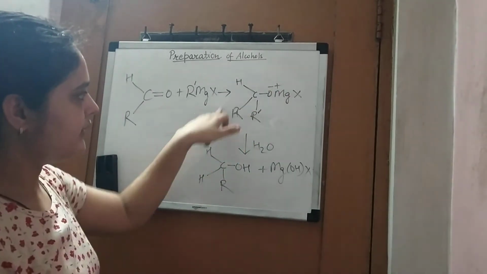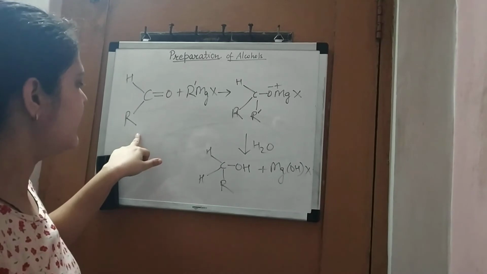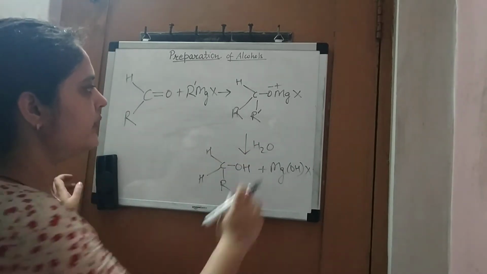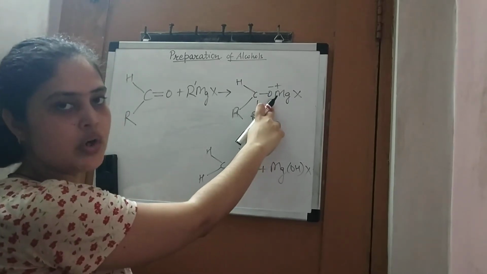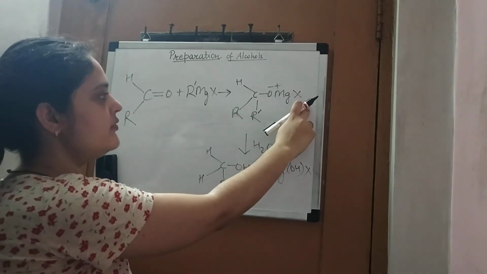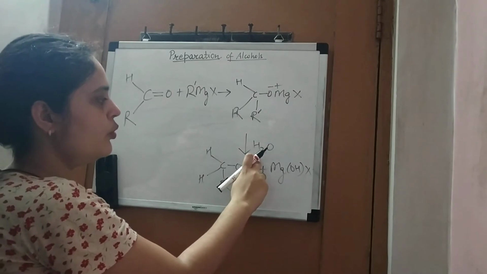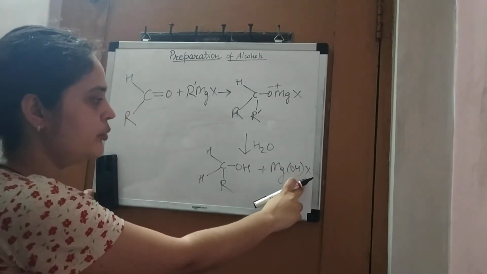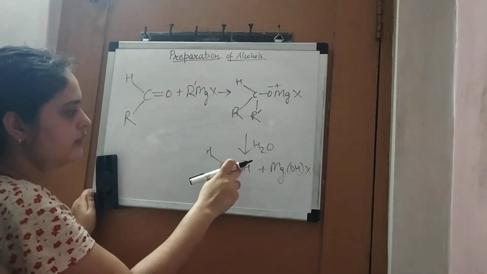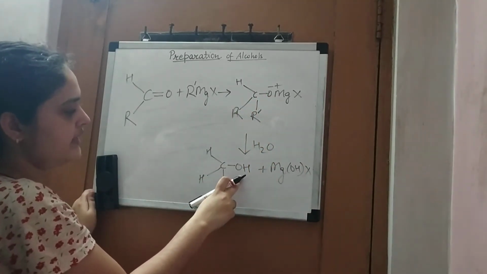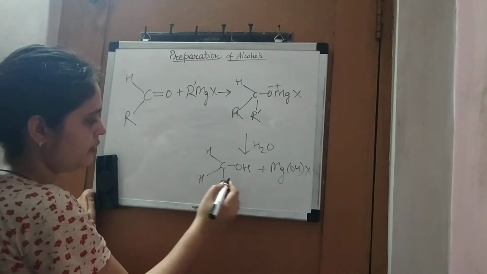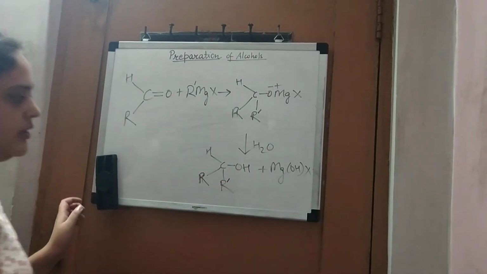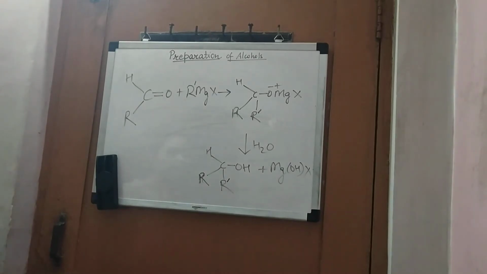So this adduct is formed from this aldehyde, and when you add water to it, hydrogen will get attached to the oxygen atom, and MgX will be removed with the OH. So Mg(OH)X will be formed as a byproduct, and this alcohol will be formed by the attachment of hydrogen.